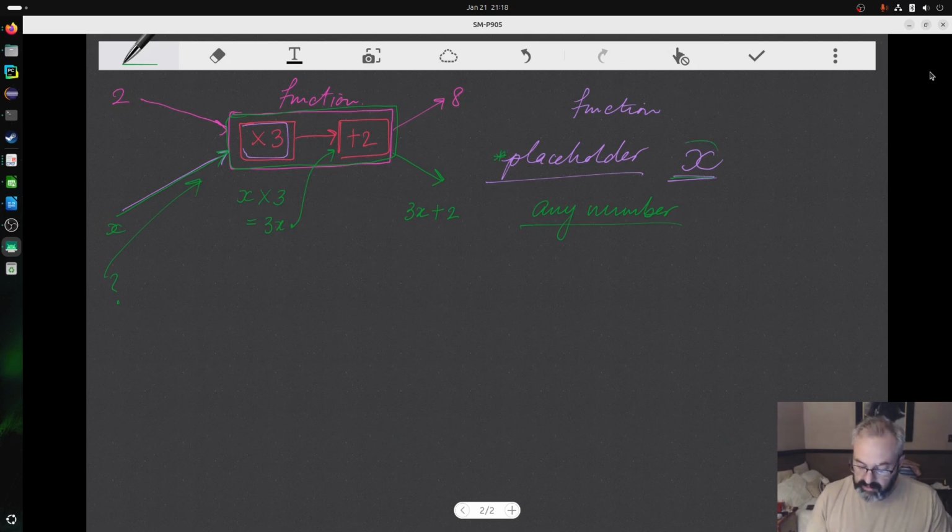Those are letters of the alphabet instead of numbers. And like I said, the most common one that we use is the letter X. Then we can feed X into our function and continue with the calculation. In this case, if we feed X into this specific function, the output will be 3x plus 2.